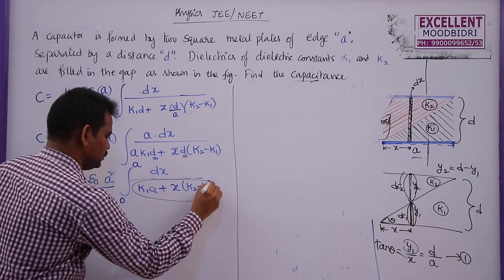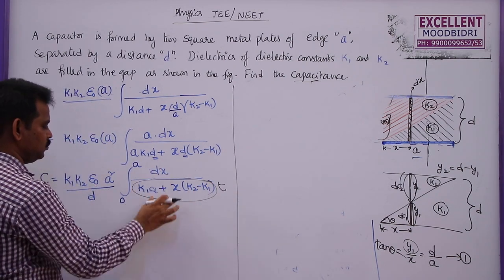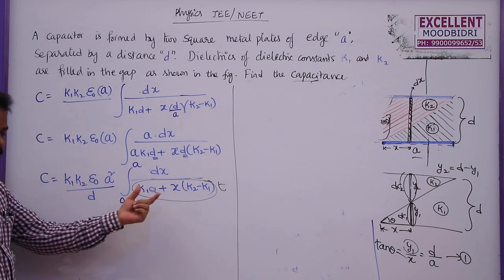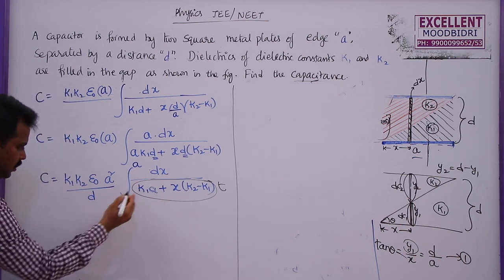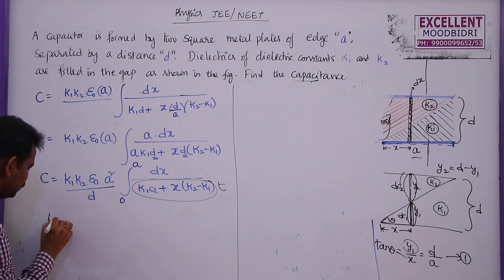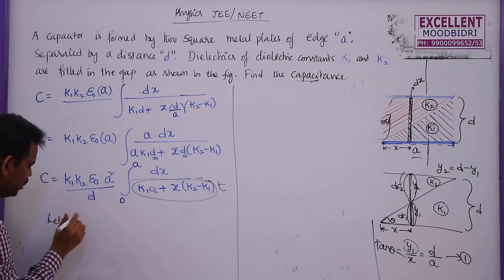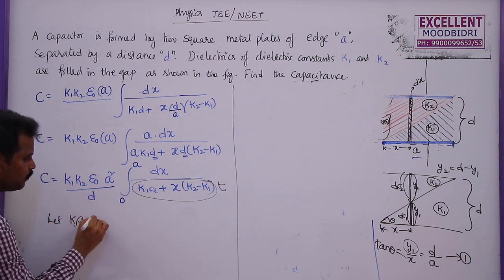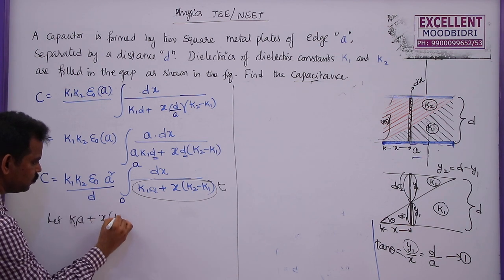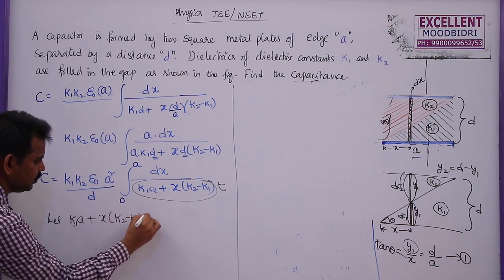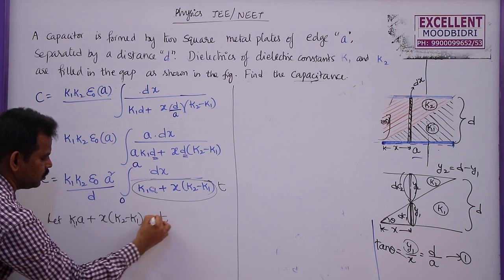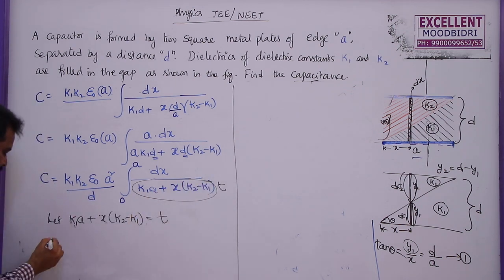If you consider this as t, what happens to this equation? So this is the substitution method. Let K1a plus x into K2 minus K1 is equal to t. Let us say this term is t. Now differentiate this.